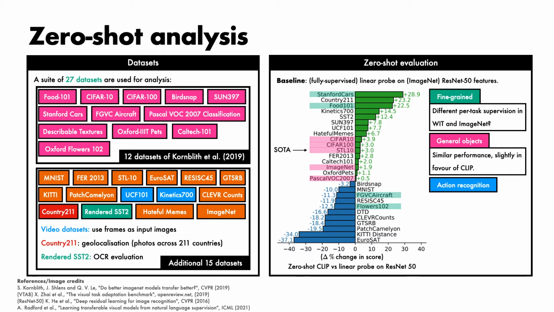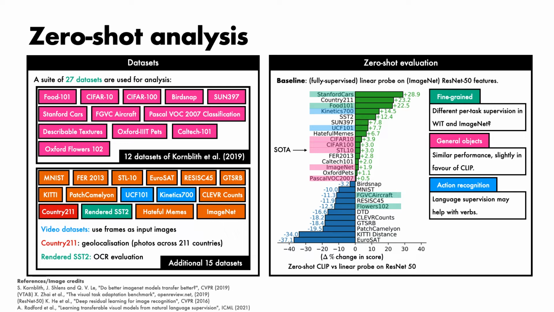For action recognition on video datasets like Kinetics 700 and UCF 101, CLIP strongly outperforms the baseline, possibly due to the fact that natural language may provide supervision for concepts involving verbs rather than the nouns that form the central focus of ImageNet.